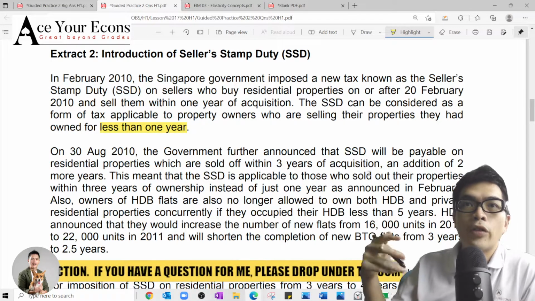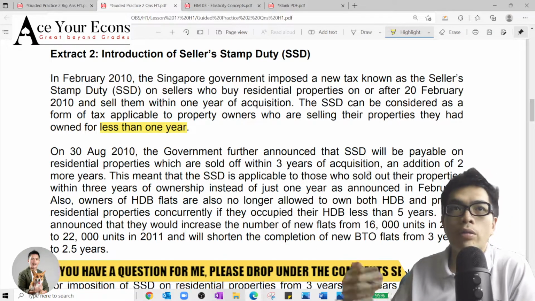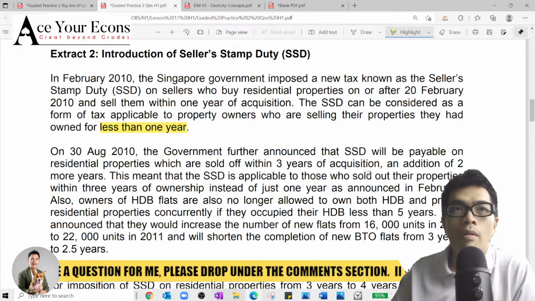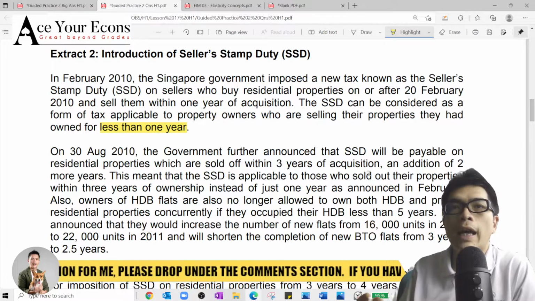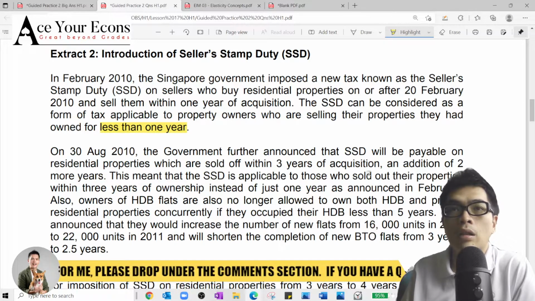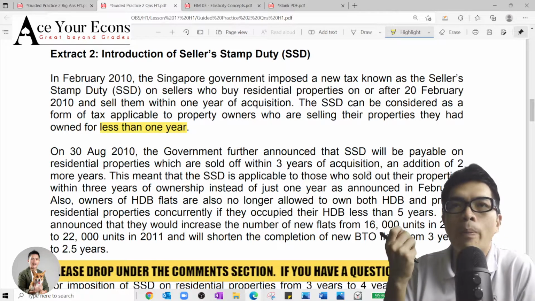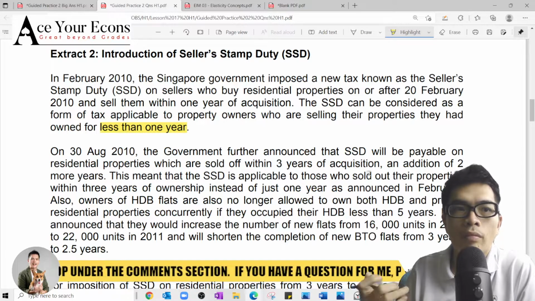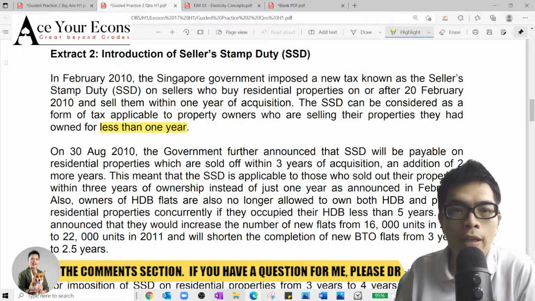Let's say if you buy the property and you reside in this place for a good 3 to 5 years, you're going to be excluded from the tax. But what about people who sell within the first year? They're going to incur the tax. So what is the profile of people who buy and sell immediately? Once you can address this, you can address the entire point one.